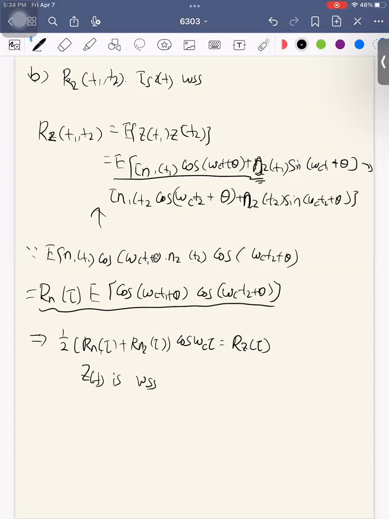Now let's look at question C. Question C asks us to find the RZ0 under the condition that ZT is WSS. So in here we need to simply plug in things we already calculated in the previous part.